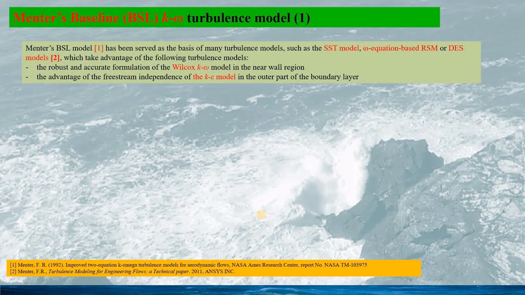I would first introduce Menter's baseline model in this talk, which is often omitted in the introduction of turbulence models.